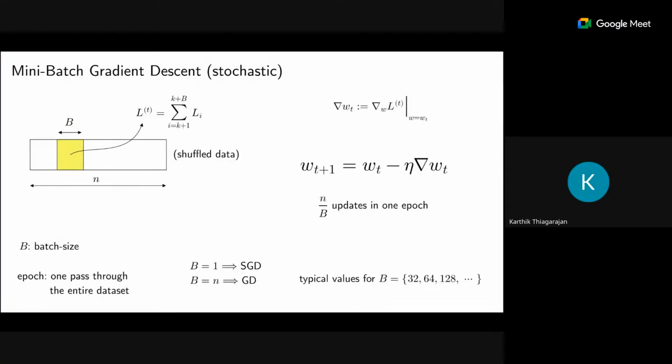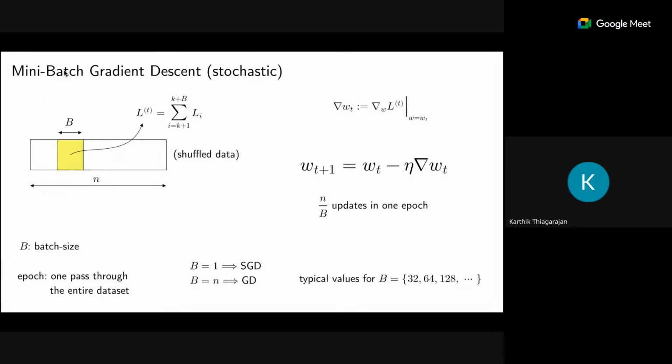Okay, so that is the idea of mini batch gradient descent, and this is the default algorithm that's used. This, along with Adam, which we'll study next week, are the algorithms that we use.